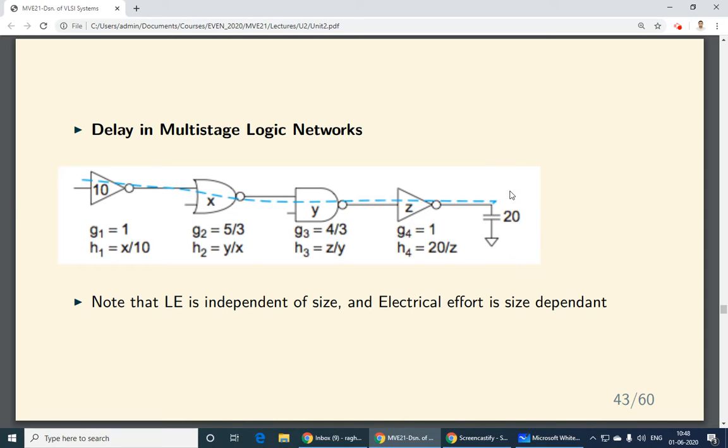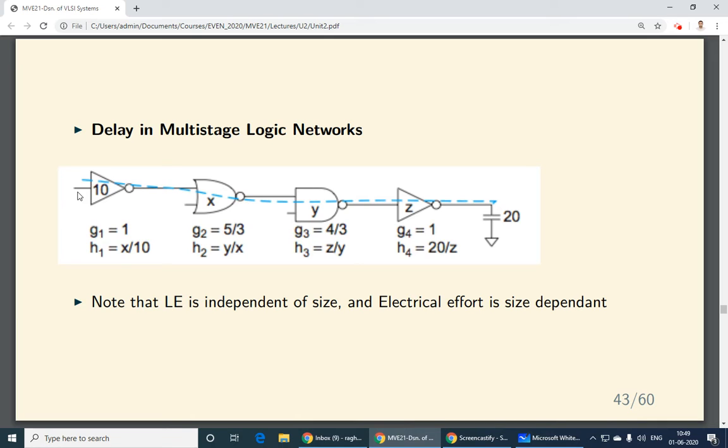For the output capacitance, he has to give his signal to another block, so that person will be expecting the capacitance. For him it is input capacitance, for us it is the output capacitance, so that number also has to be fixed beforehand.